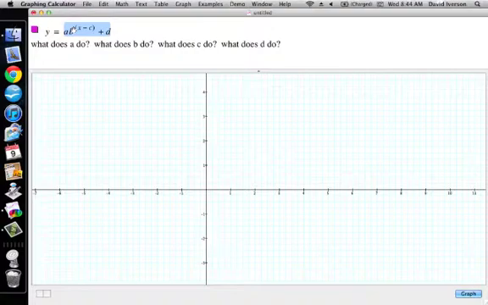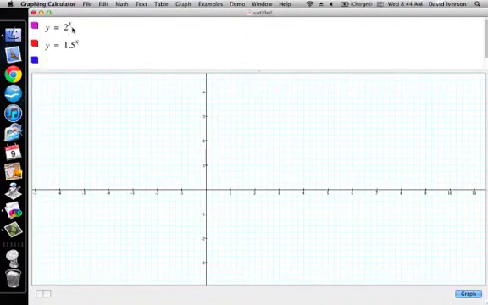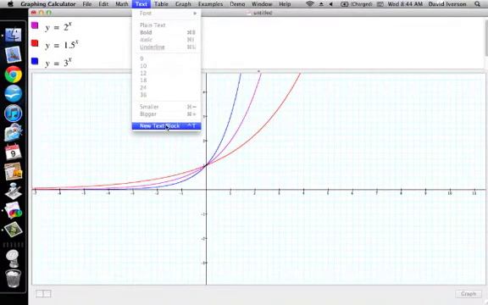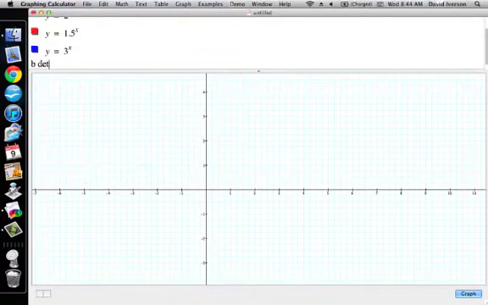I'm going to look at y equals 1.5 to the x, y equals 2 to the x, and y equals 3 to the x. Okay, what I want you to do is say that b determines the horizontal stretch.